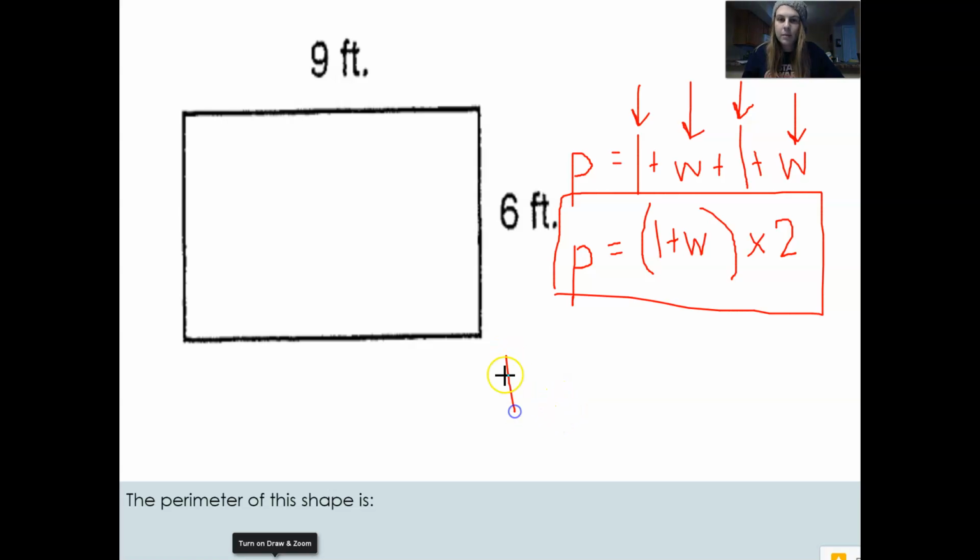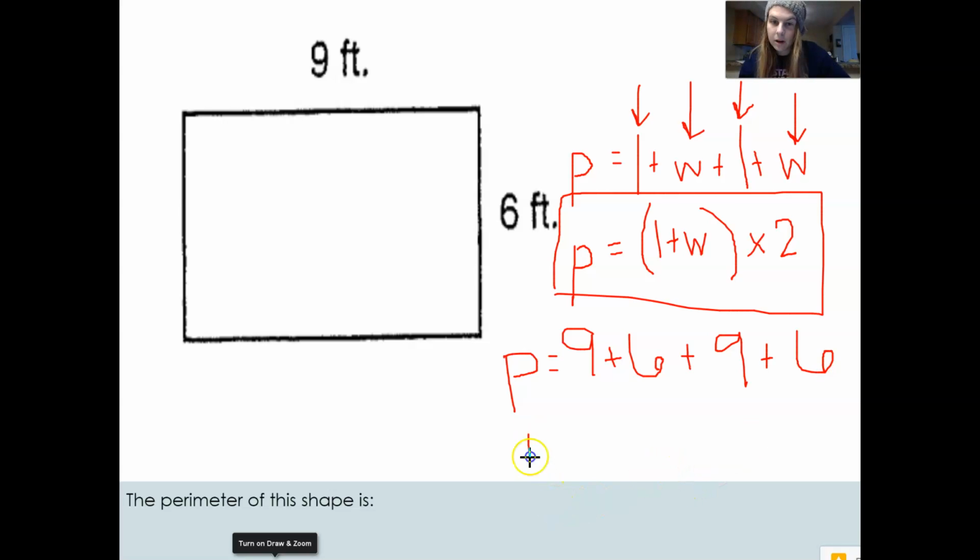Instead of finding perimeter by adding 9 plus 6 plus 9 plus 6, I can find perimeter by only adding 9 and 6 one time and multiplying that by 2.